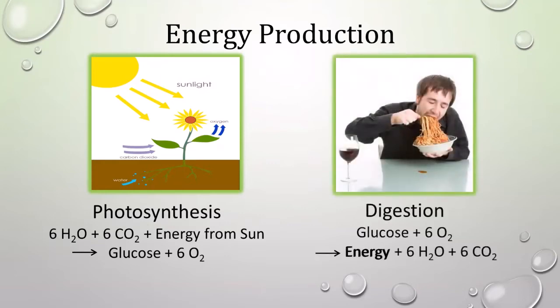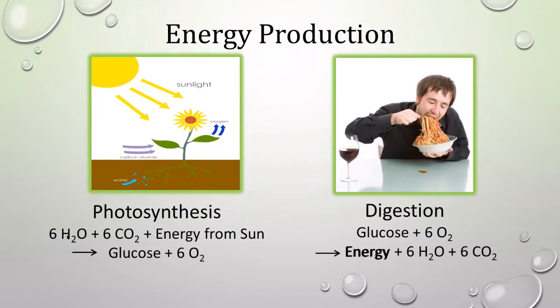Then we eat the plants, or we eat the meat from animals that eat the plants. And through digestion, it gets broken down to glucose, and that together with oxygen produces energy and excretes water and carbon dioxide. So if you look at this, it's a complete system.